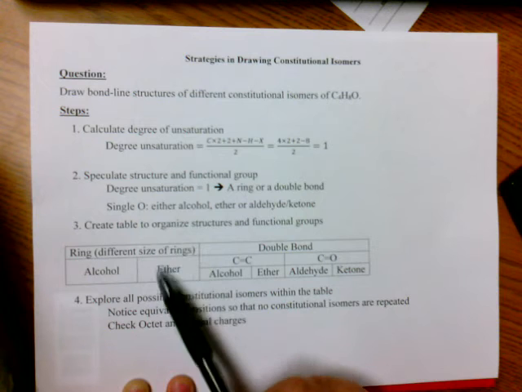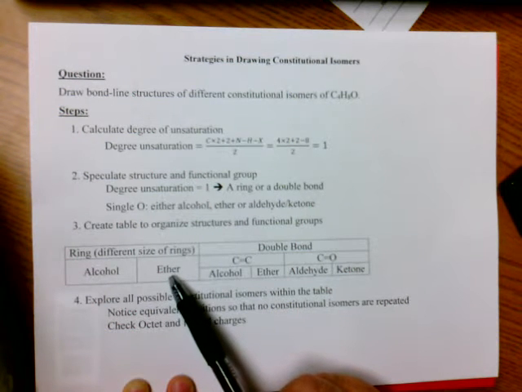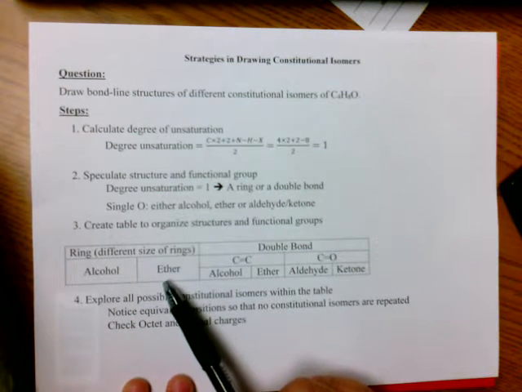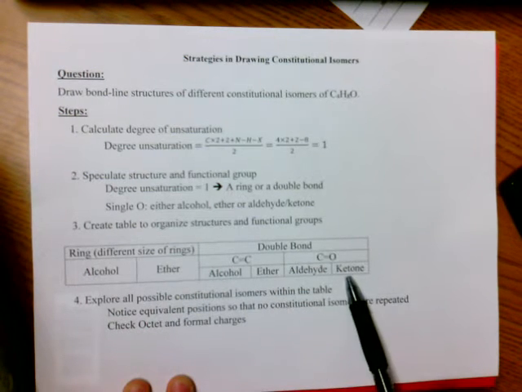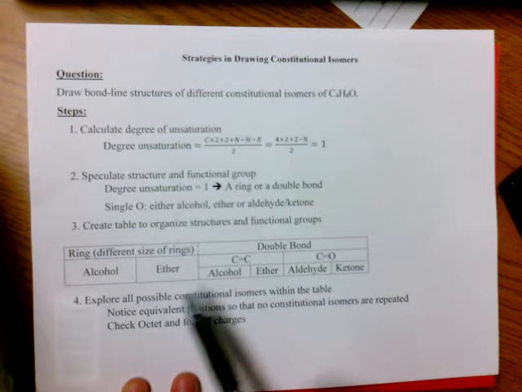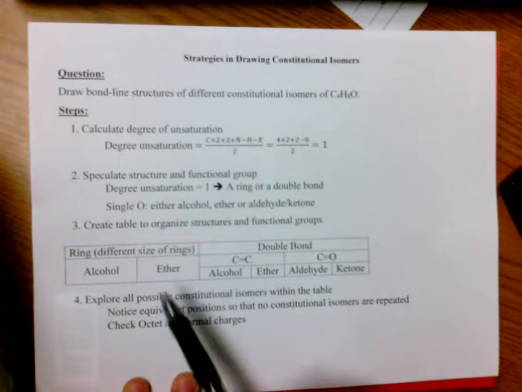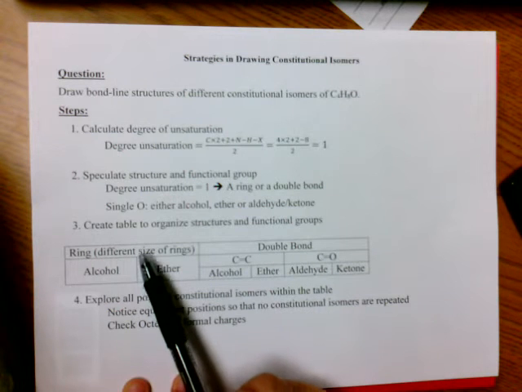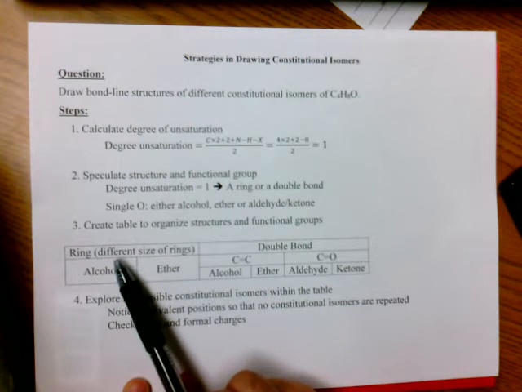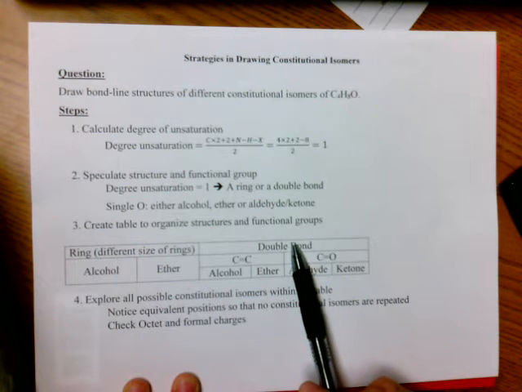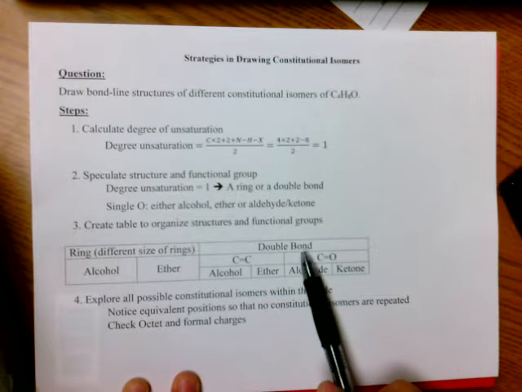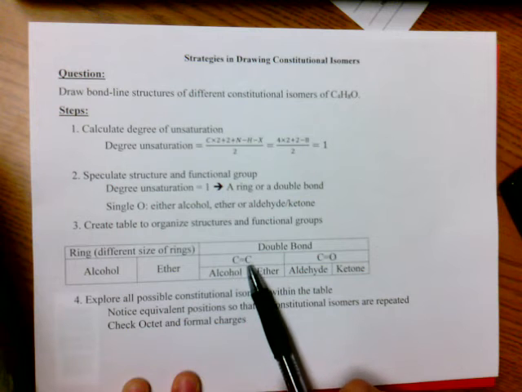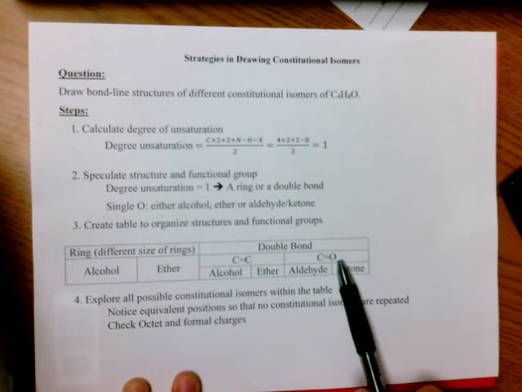Once we speculate the structure information and the potential functional groups, it's a very good idea to put them into different smaller categories based on the information we have, so that we will remember to explore all subcategories. So what I did in this case was first look at the structural information based on the degree of unsaturation. It's possible to be either a ring or a double bond. For a double bond, we may have a carbon-carbon double bond or a carbon-oxygen double bond.